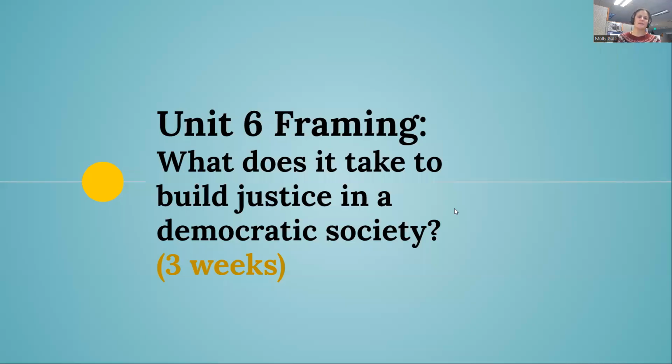For Unit 6, the compelling question students investigate over these 3 weeks is, what does it take to build justice in a democratic society? This is an idea kids have talked about throughout their education, and now they look at it closely, not just examining what happened, but what it takes to build justice, and what the most successful strategies and tactics were.